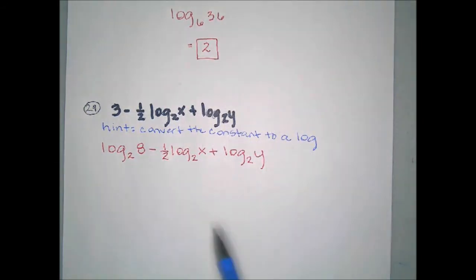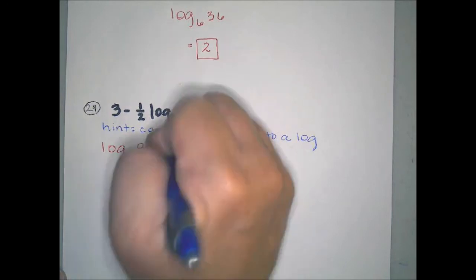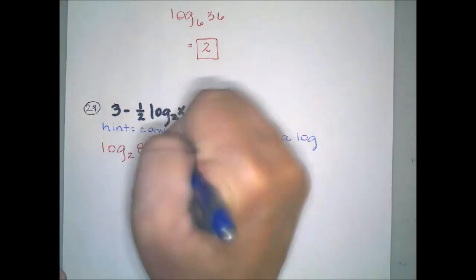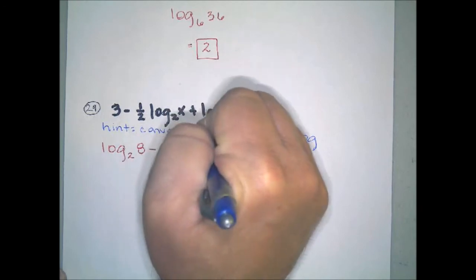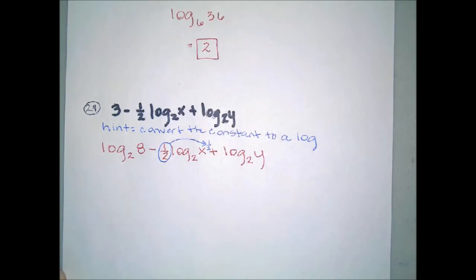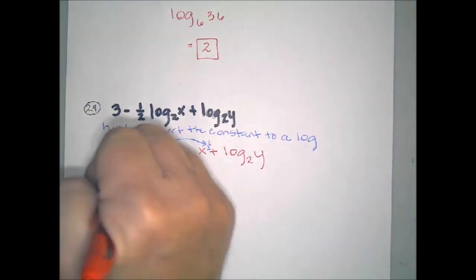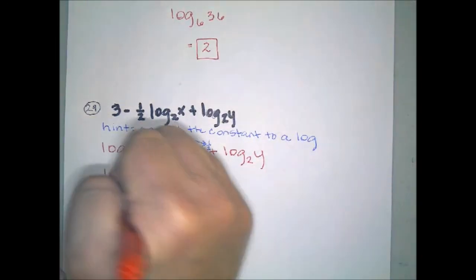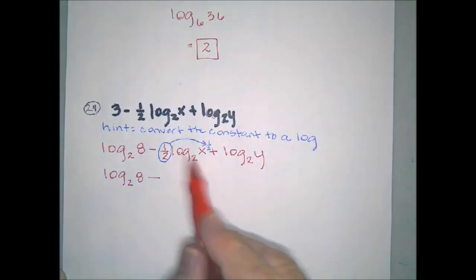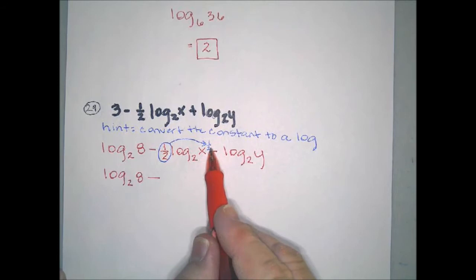Now, before I start condensing to a single log, I need to take care of my leading coefficient. My leading coefficient goes up there. So I'm going to rewrite almost everything the way it is, but I am going to change the log base 2 of x to the 1/2 power.